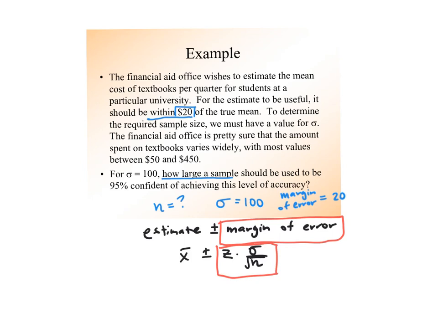We want to construct a 95% confidence interval. Question: how large of a sample should be used to be 95% confident in achieving this level of accuracy?